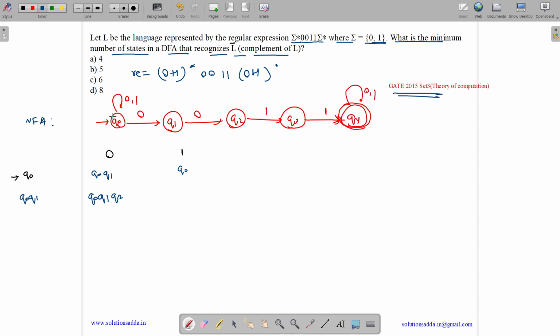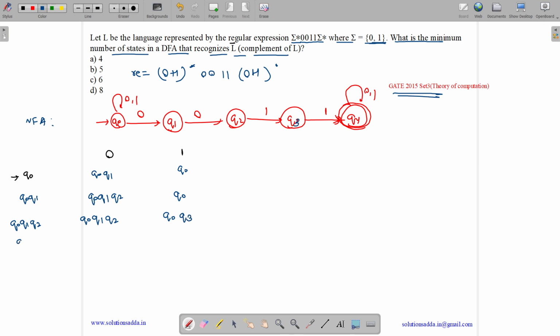Q0 Q1 on a 1: Q0 on a 1 goes to Q0, and Q1 on a 1 goes nowhere. Now we have Q0 Q1 Q2. On a 0, Q0 goes to Q0 and Q1, Q1 goes to Q2, Q2 goes nowhere. Now on a 1, Q0 on 1 goes to Q0, Q1 on 1 goes nowhere, Q2 on 1 goes to Q3.